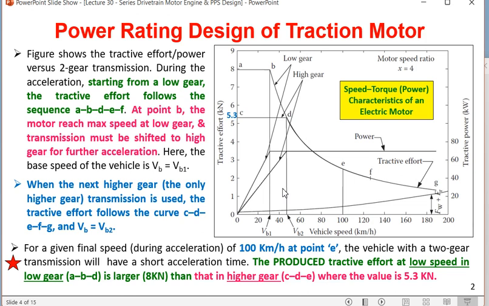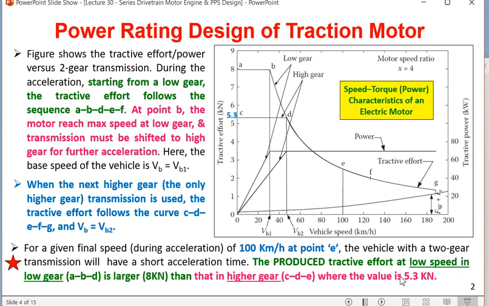That means the higher the gear, reaching the higher speed will be at a faster rate, or TA will be smaller. The second conclusion is that the tractive effort at low speed, that means first gear, is higher than the tractive effort at second gear, which is 5.3 kilonewton.